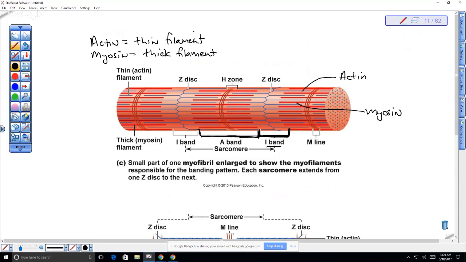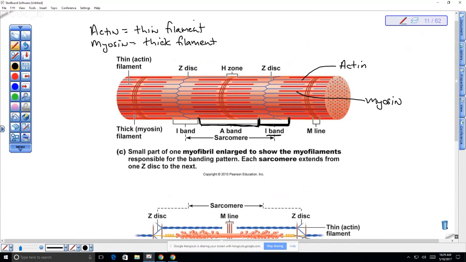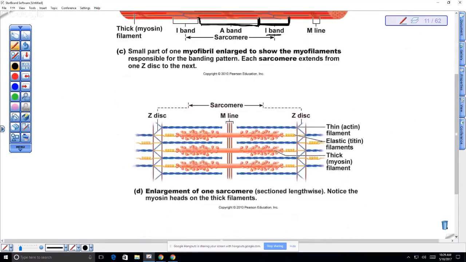If you go down to the next image, it should look something like this. Again, this would be actin, and the red here, the thicker ones, would be the myosin.